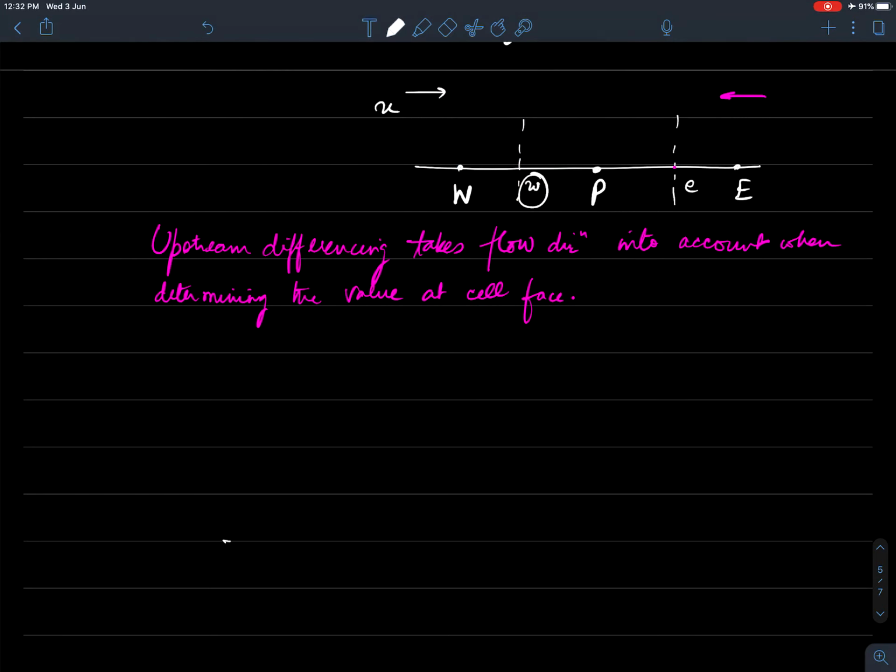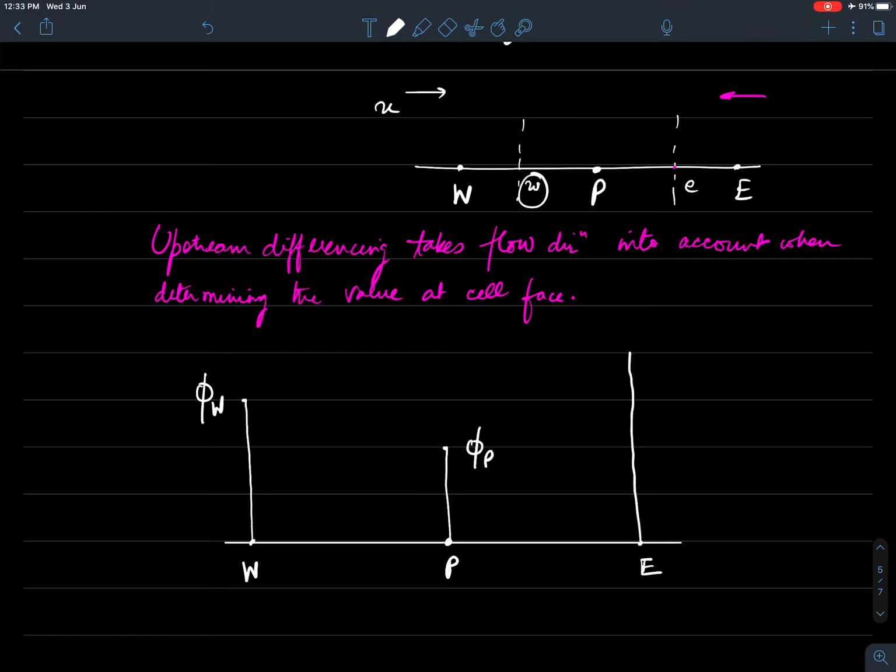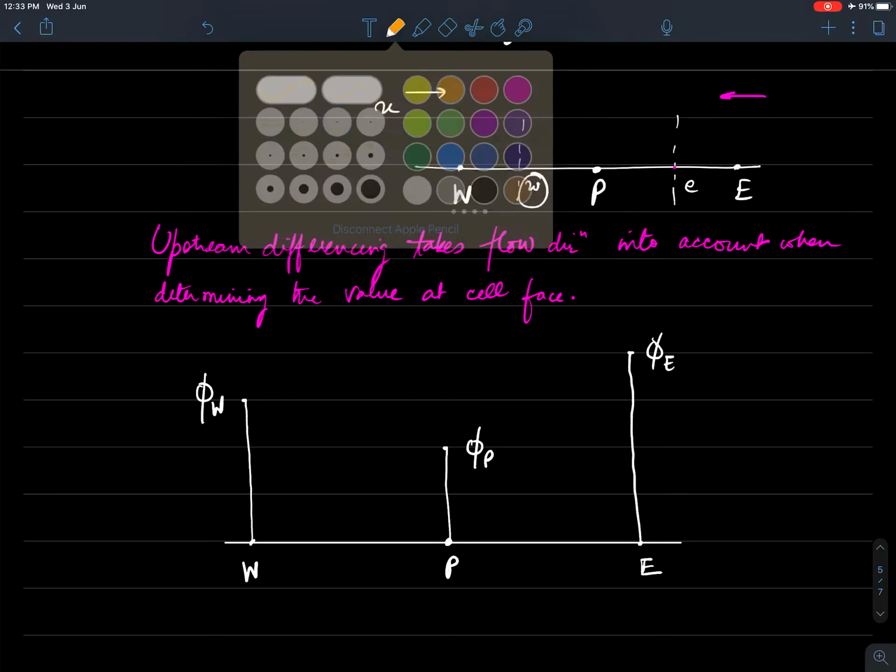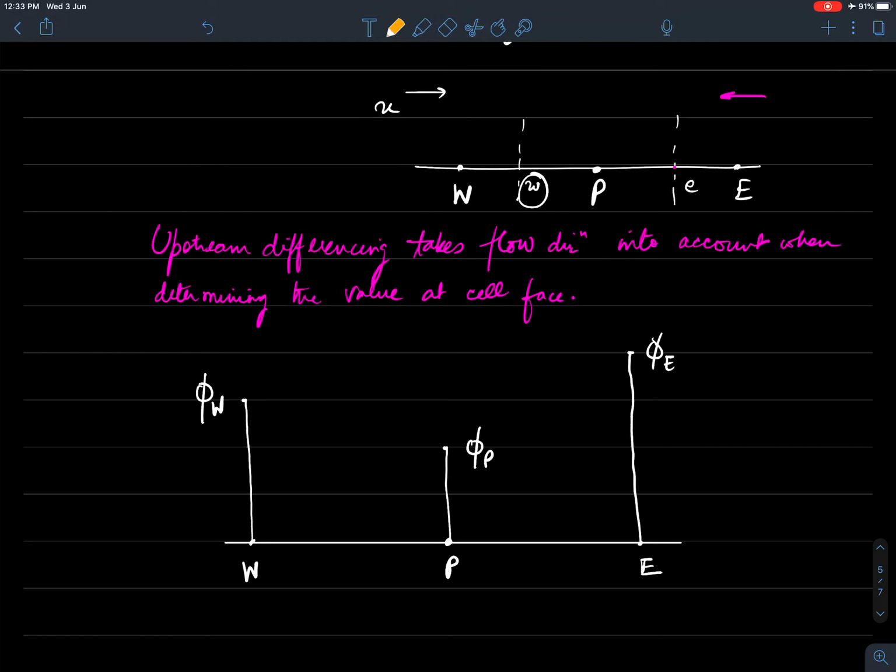To tell you in a slightly different manner, or in a pictorial sense, let's say that this is our domain, this is point P, this is point E, point W. So let's say at node W, the value of the function is phi W, at node P the value is phi P, and at E it is phi E. And let's take two scenarios.